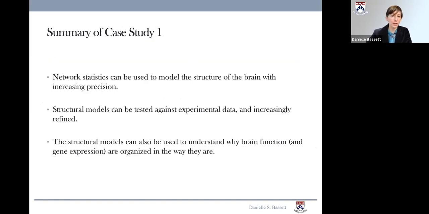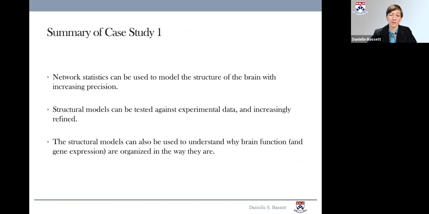So just to quickly provide you a summary of case study 1, we started by saying that network statistics can be used to model the structure of the brain with increasing precision. And then we moved into structural models that can be tested against experimental data and increasingly refined.